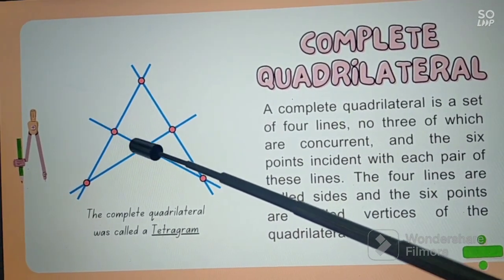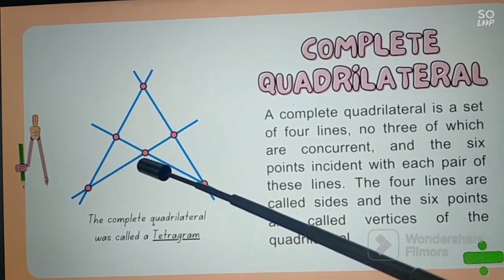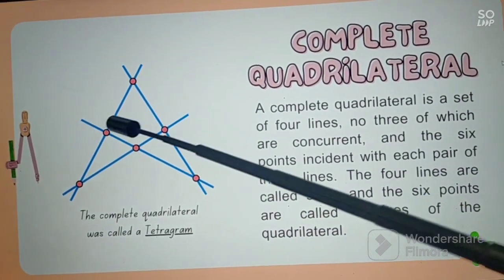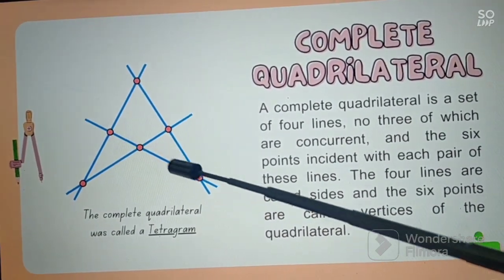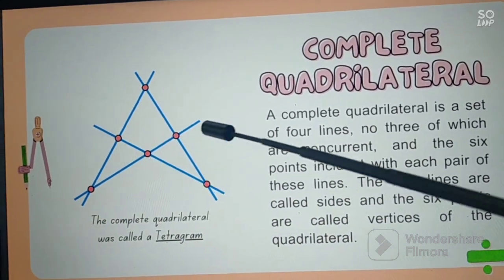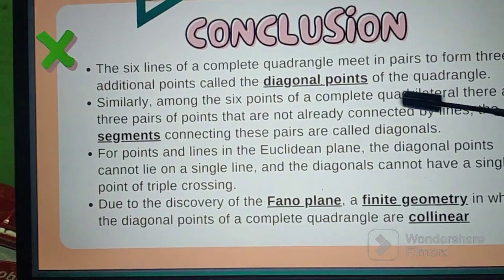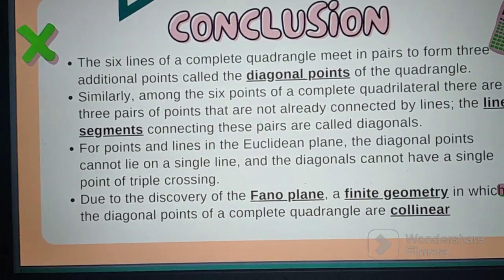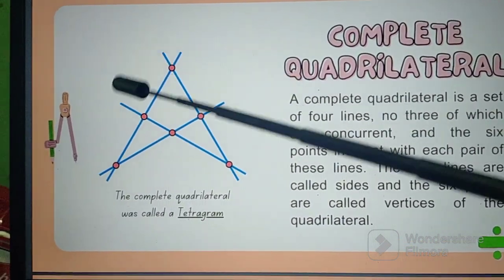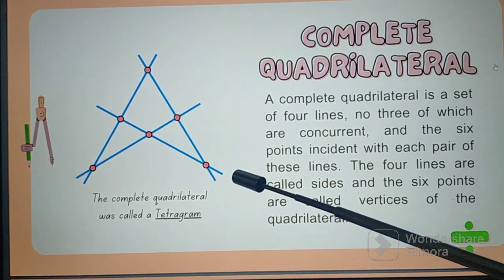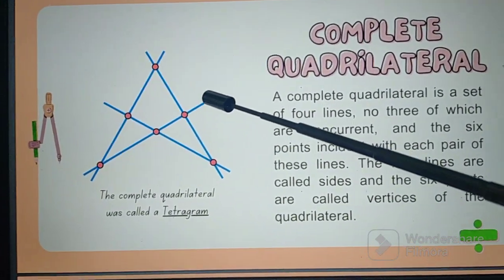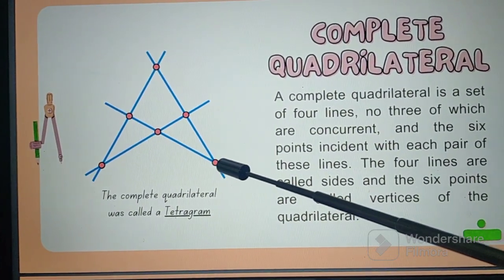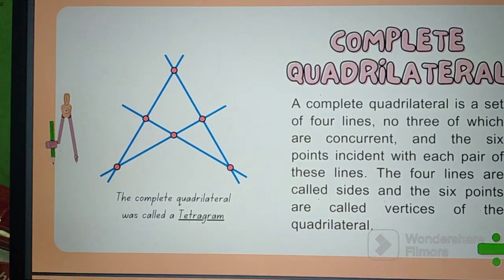So they intersect only at that point. However, it is not one line, it is 2 lines. So the line segments connecting these pairs are called diagonals. These are the first line segment, second line segment. They are called diagonals.